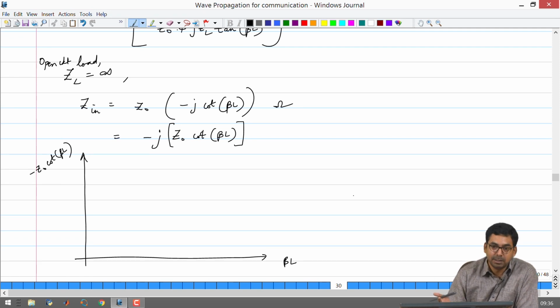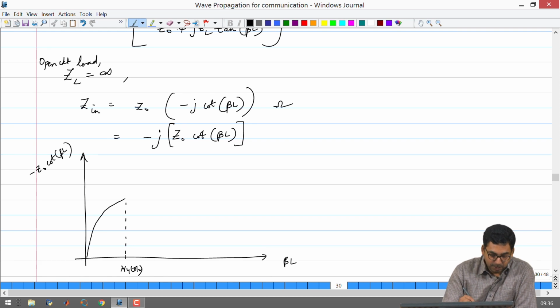In this case you will go from minus infinity steadily to lambda over 4, or pi by 2, and then you will have this rising up, and then there will be a discontinuity.